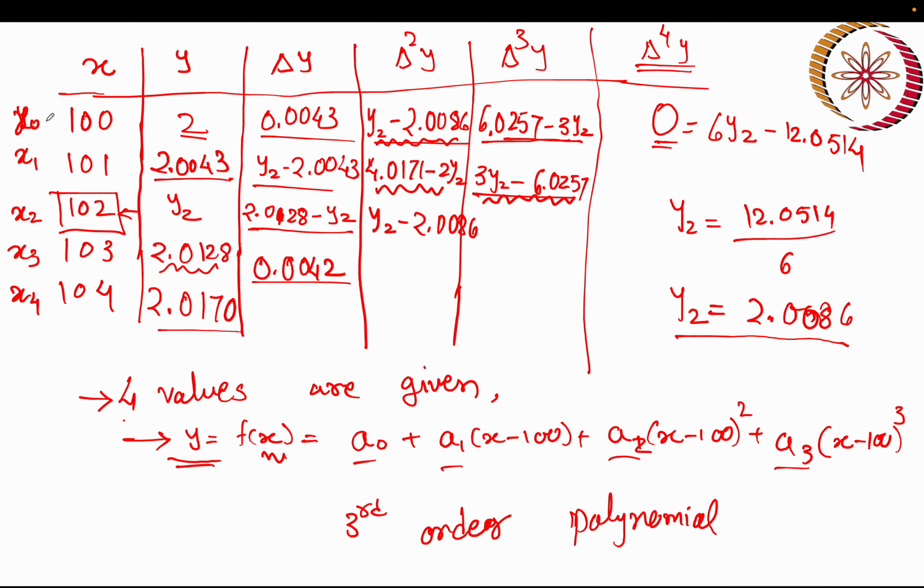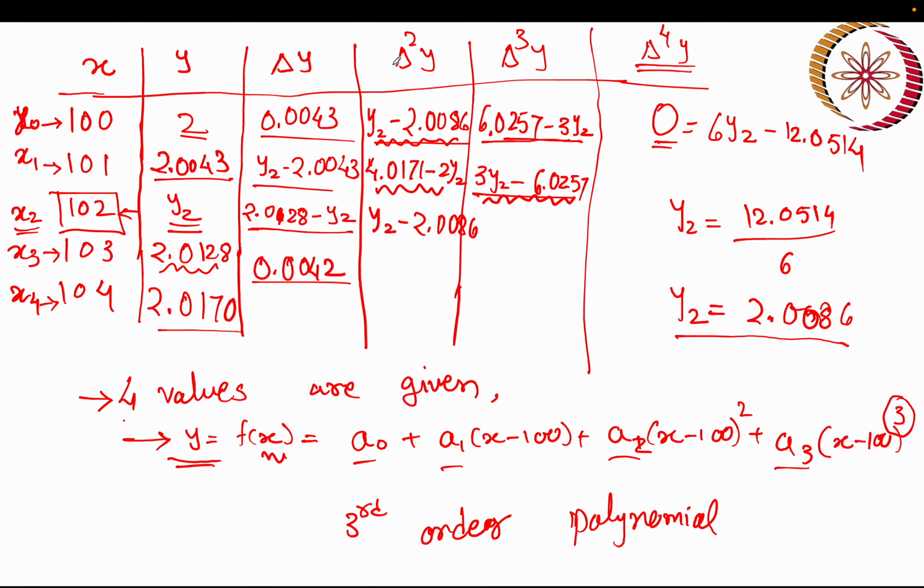And coming back to the question, here four values were given, so we can approximate this function with a polynomial having four constants. Four constants will be there in a third degree polynomial. In this case we created the table, and we assumed the value for this one to be y2.